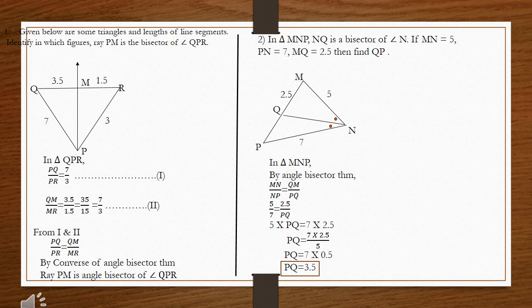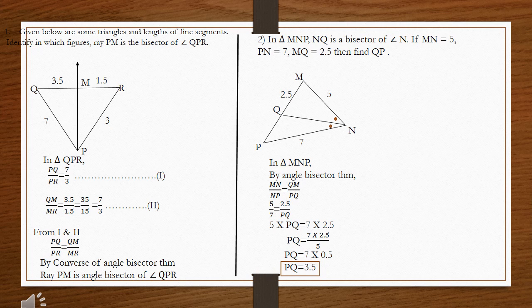Now in triangle MNP, here ray NQ is a bisector of angle N. So by the angle bisector theorem we can write that the bisector of an angle of a triangle divides the side opposite to the angle in the ratio of the remaining sides.